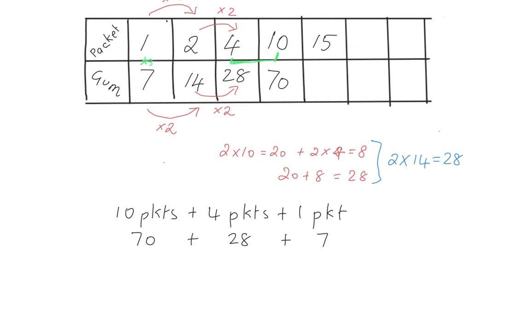Then we can get students to add that up. 70 plus 28 is 98, plus 7 is 105 sticks of gum. Great, so that's one way of solving it.